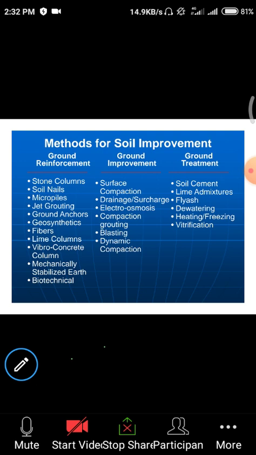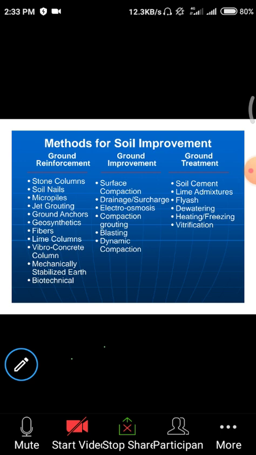The soil will be mixed with the cement, and that mixture will be applied to the topmost layer of the soil to improve the properties and to control erosion and other parameters occurring on those particular soil strata. And next one is the lime admixture.